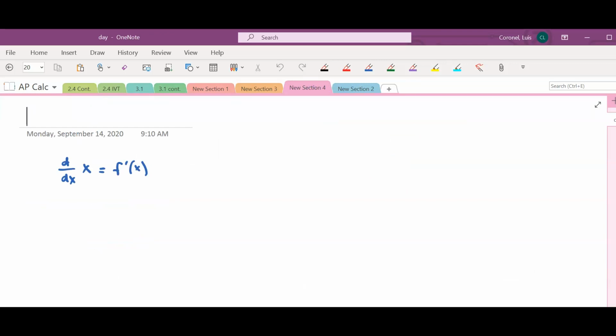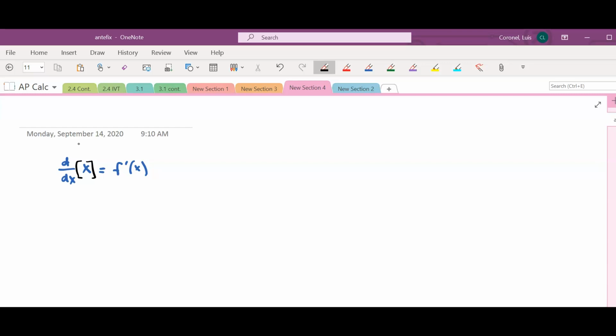So here we're going to explore finding the derivative of some functions. In this case, the derivative we're going to explore is finding the derivative of x. In other words, f prime of x.